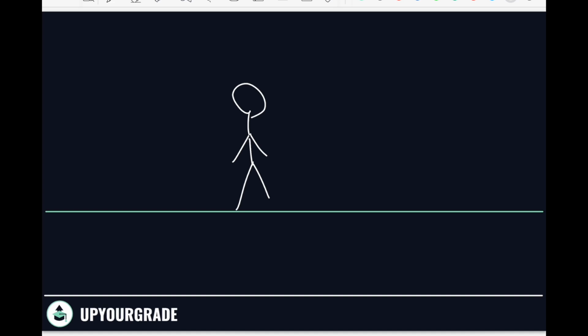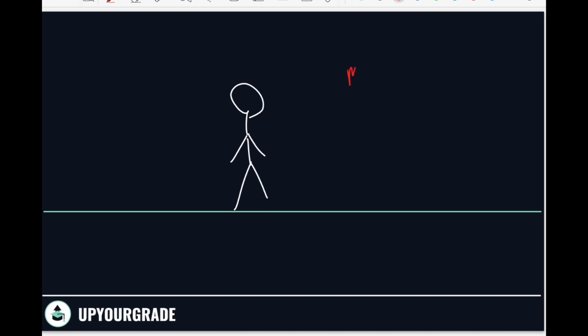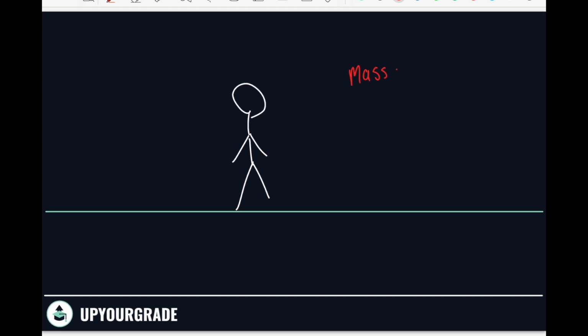So let's take this very basic example of a man standing on the ground to illustrate all the forces at play, as well as the applications of the three Newton's laws that we just discussed. Before we do all that, I want to quickly make a distinction between mass and weight. Mass is an inherent characteristic, and that's basically the amount of matter contained within an object, or in this case, a person. So the mass here is going to be, let's say, 75 kilograms.